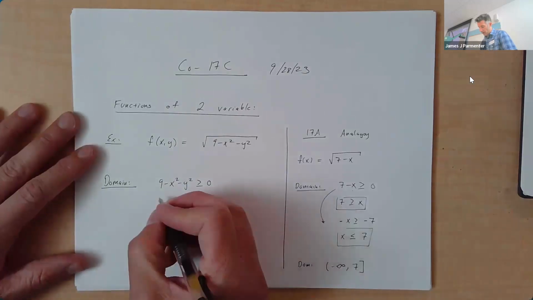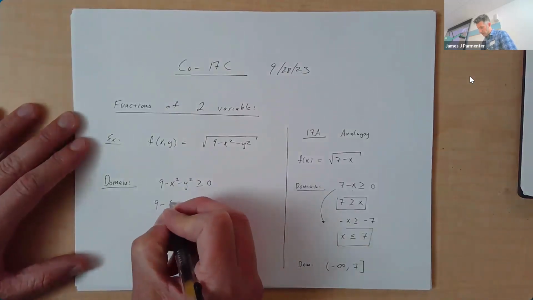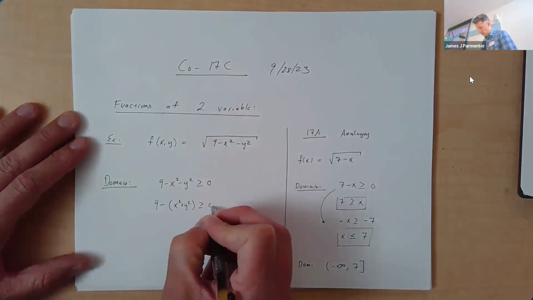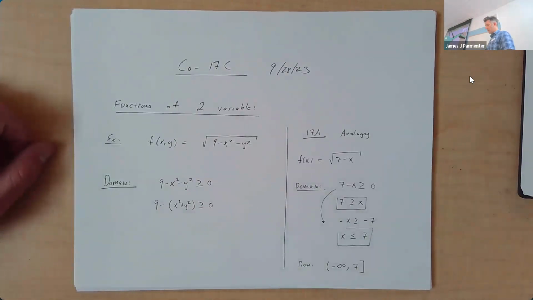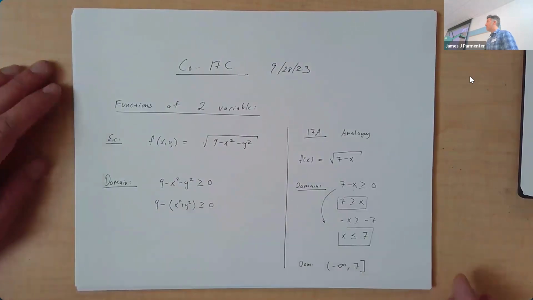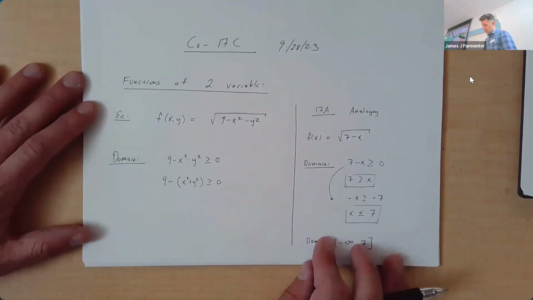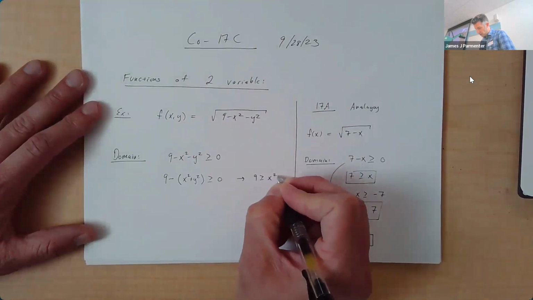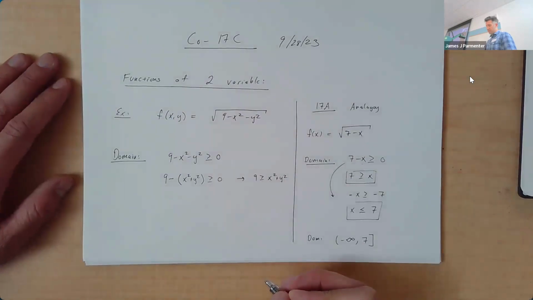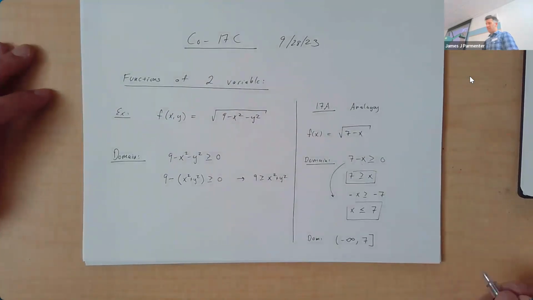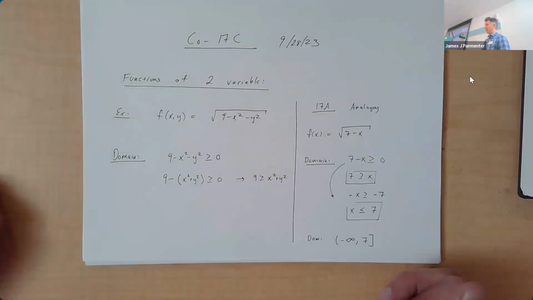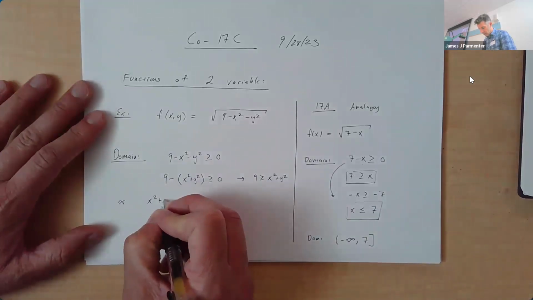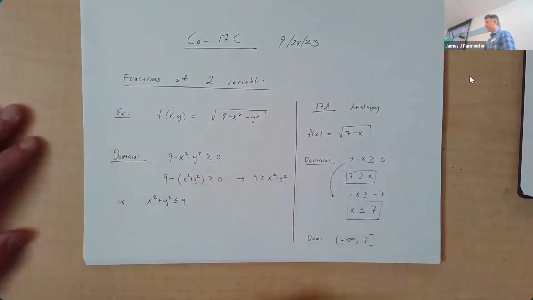I might rewrite this as 9 minus parentheses x squared plus y squared greater than or equal to 0, treating that as its own unit and adding it to both sides. So I get 9 is greater than or equal to x squared plus y squared. Or, because I learned math in this system, I like to write my variables on the left-hand side: x squared plus y squared less than or equal to 9.